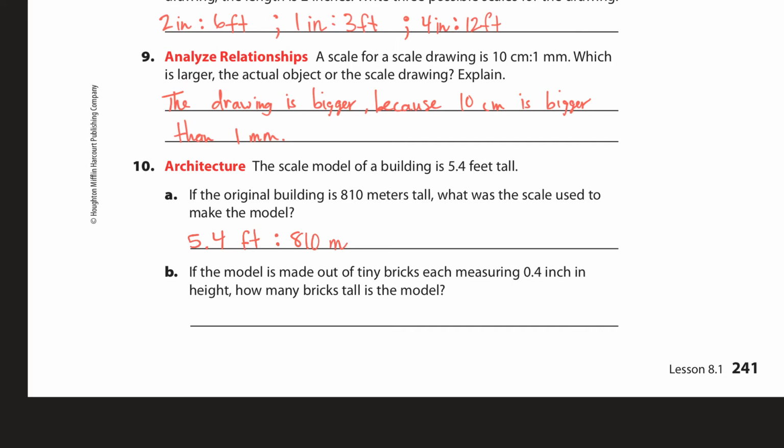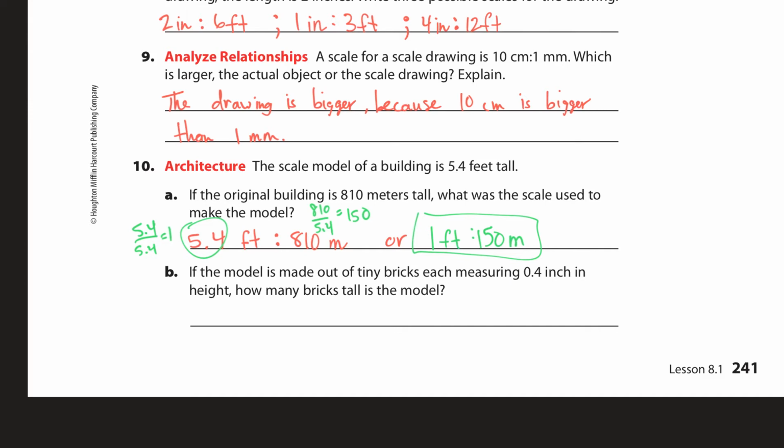But what I could do is divide both of those by 5.4. 5.4 divided by 5.4 is going to be 1 foot. And that corresponds to 810 divided by 5.4, which is 150 meters. That would probably be the better one. The first one's accurate, but there you go.